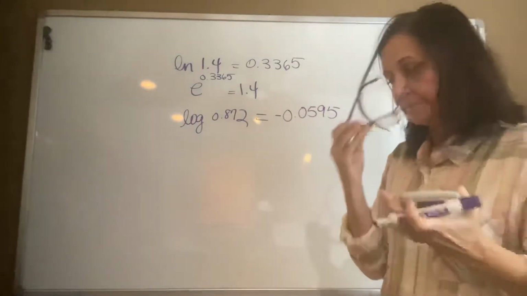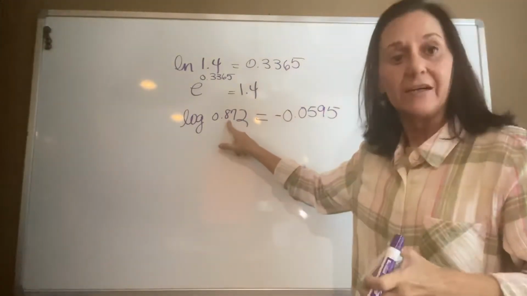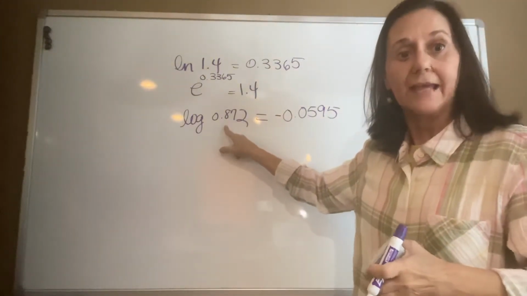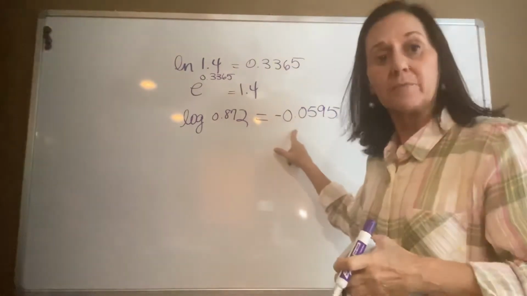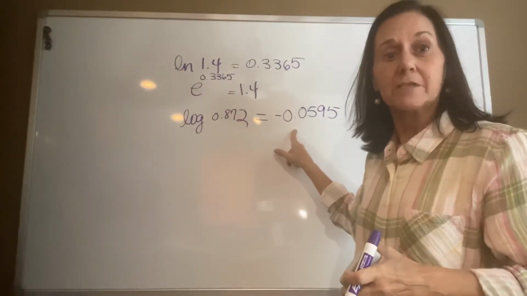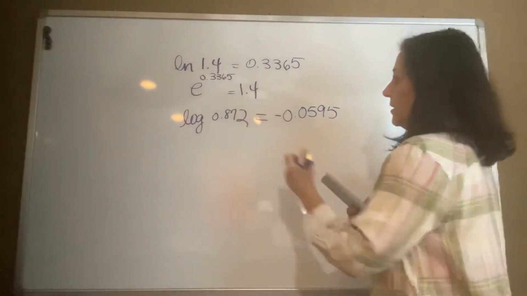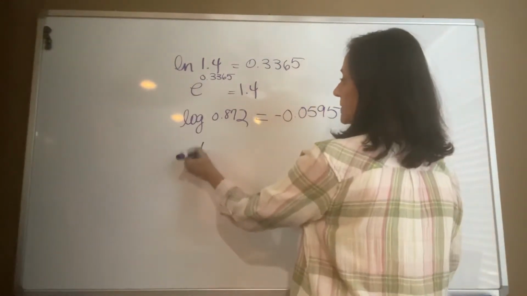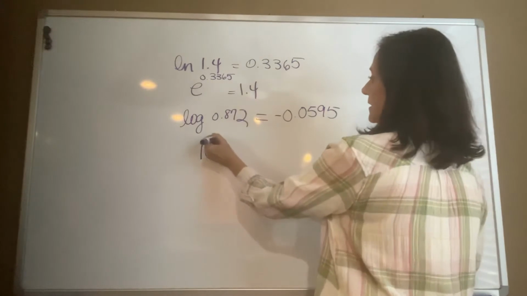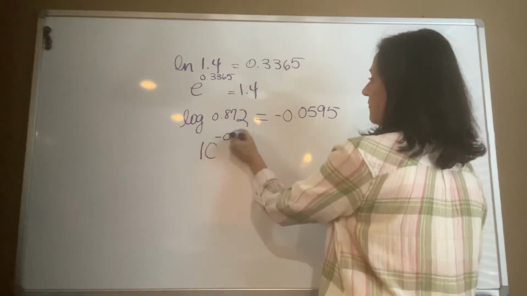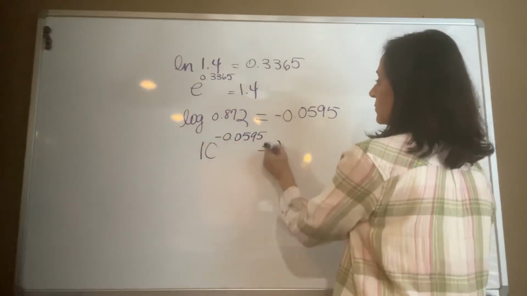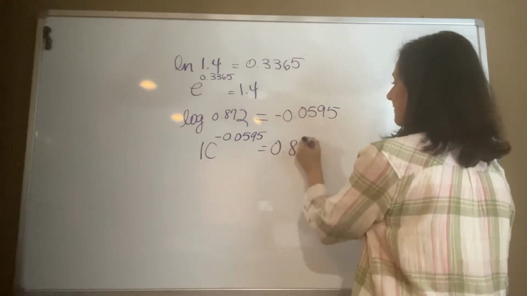Notice I said no negative numbers in the anti-log place, but I can have a negative exponent because remember, negative exponents mean division, right? So this written in exponential form is my base 10 raised to negative 0.0595 equals 0.872.